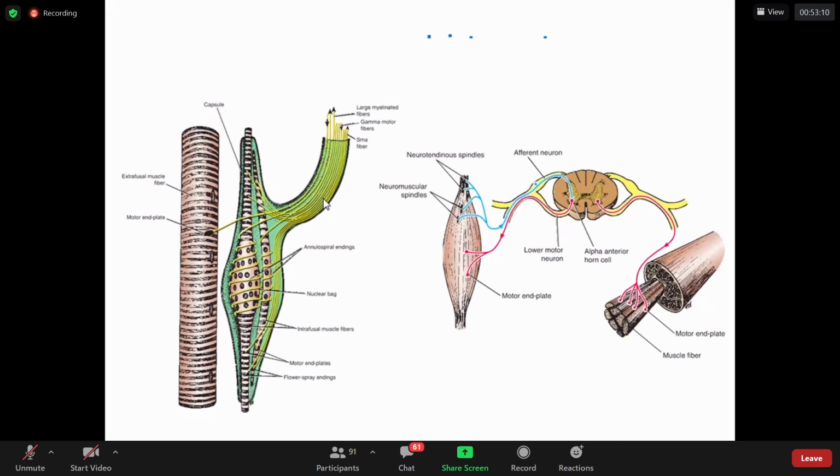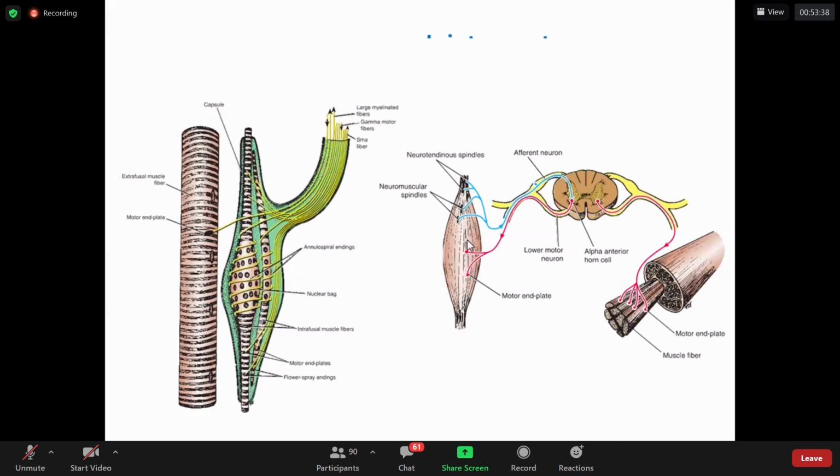Because when the equatorial region is contracted, the annulospiral endings will carry the information. When the two ends will be contracted, then the information would be carried by the flower spray endings. When there is very vigorous contraction, both the annulospiral and flower spray endings will act. Is it clear? So they will take the information from the intrafusal fibers, and gamma motor neurons will bring the order to contract to the intrafusal fibers. Is it clear?